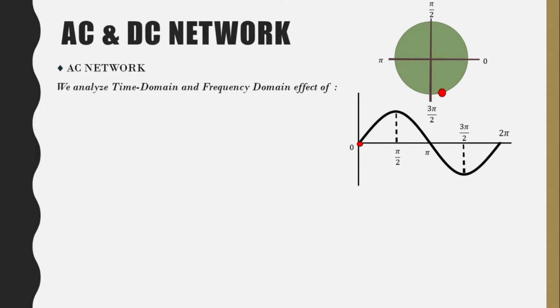So let us start the circle from the same point. Both complete at the same time and they cross pi by 2, pi, 3 pi by 2 and 2 pi at the same instant. So you can say that a sine wave can be represented in the form of a circle as it completes its magnitude and its 4 quadrants in the same interval.